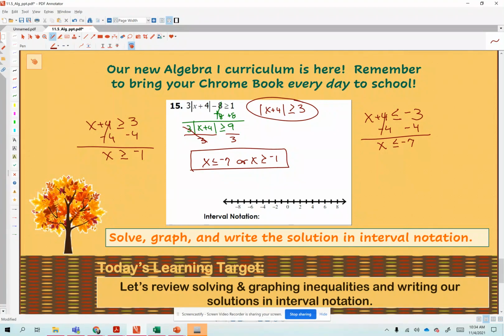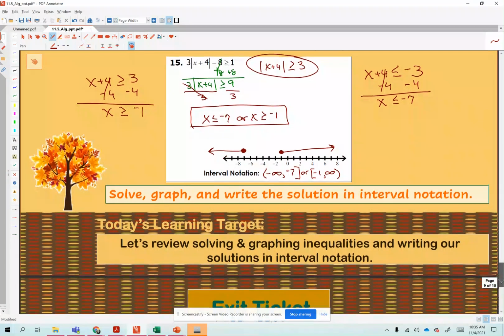So we have -7, graphing to the left, -1, graphing to the right, and then my interval notation: negative infinity, comma, -7, bracket, or, bracket, -1, comma, infinity, parenthesis, and that's the problems for today.